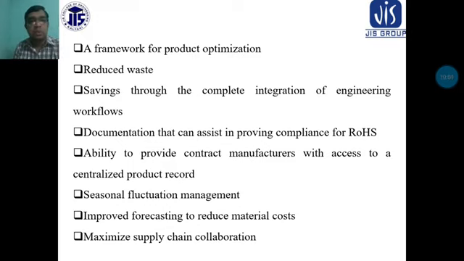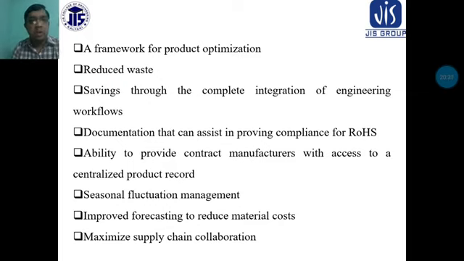And the savings through the complete integration of engineering workflows will also be here. Another thing is the documentation that can assist in providing compliance for RoHS.